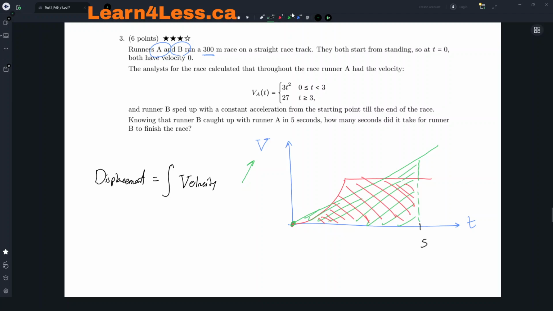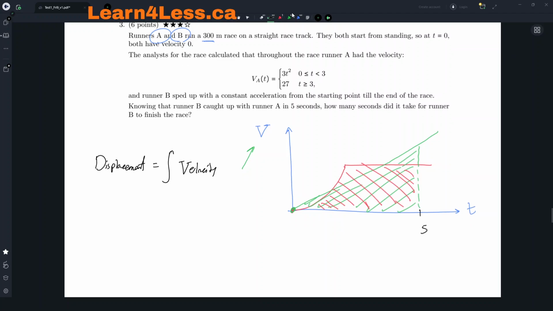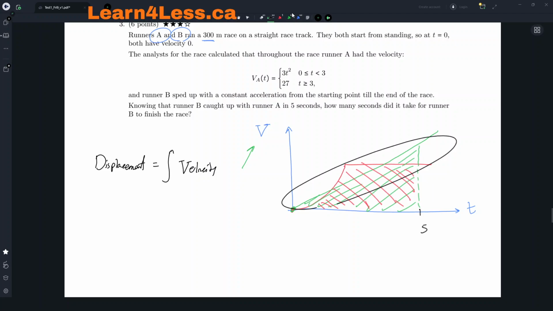The integrals are the same. For runner B, I know it's a straight line like this, a straight acceleration. So I can say the velocity of runner B is a function like a times t, where a is a positive number, because it's acceleration.